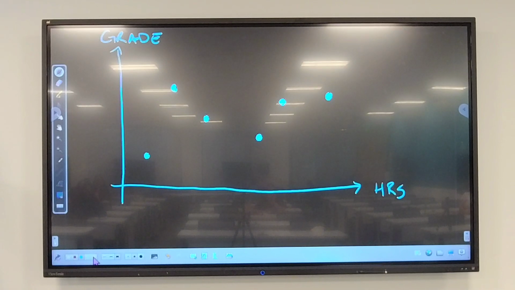Now, let us suppose that somehow I knew that this line was my regression line.